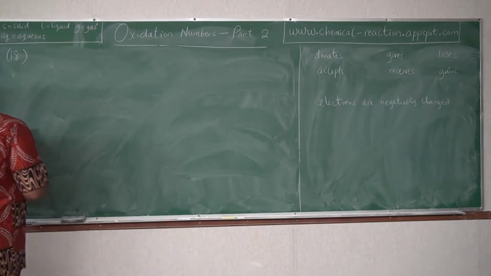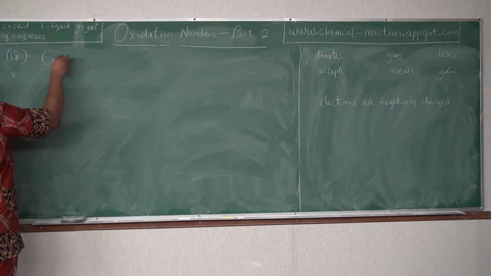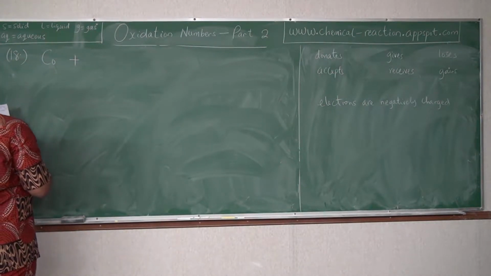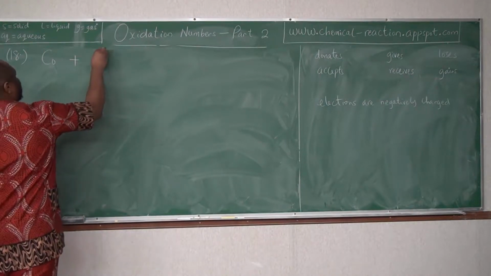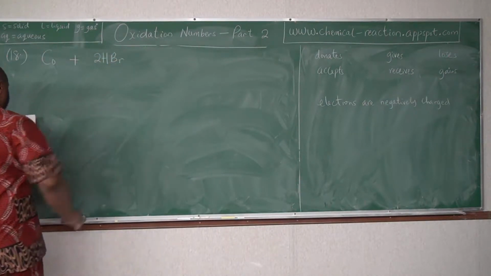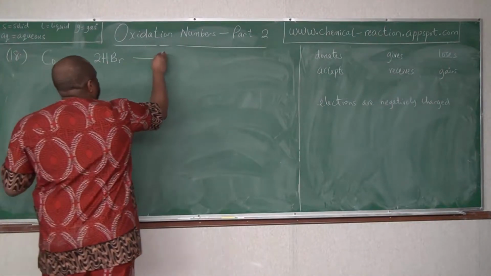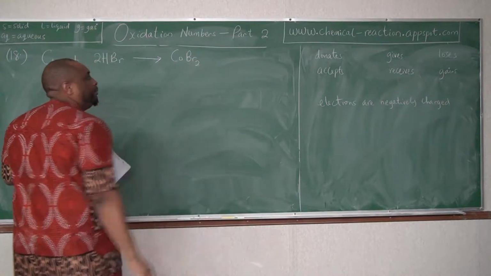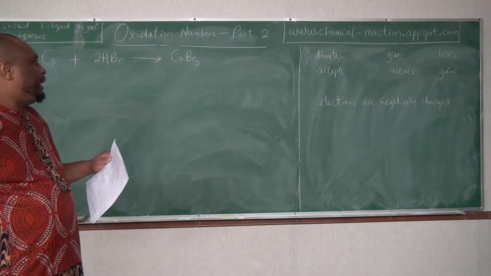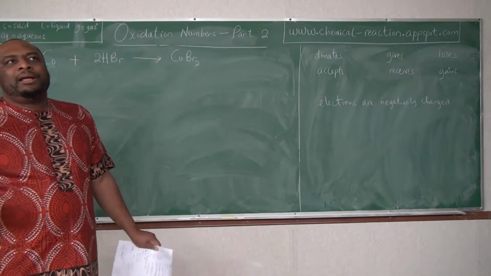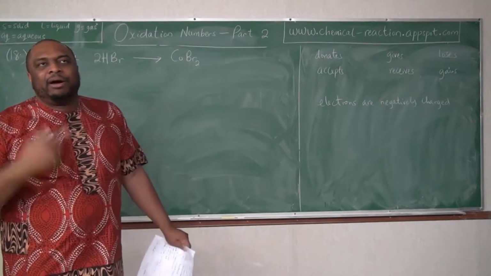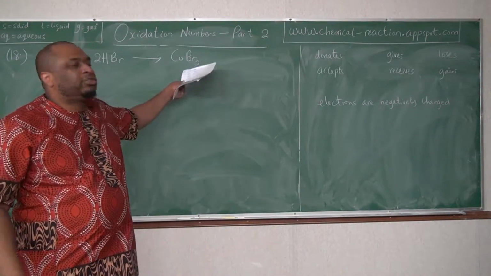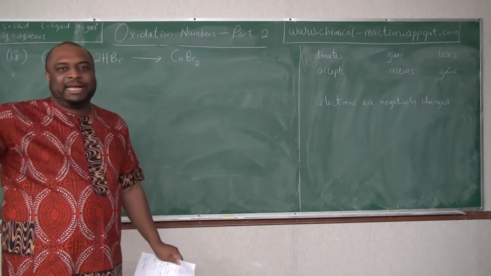So, question 18, we have 1 mole of cobalt plus 2 moles of hydrogen bromide, hydrobromic acid, to give you cobalt 2 bromide, plus hydrogen. You should know this is cobalt 2 bromide, because bromine is -1.